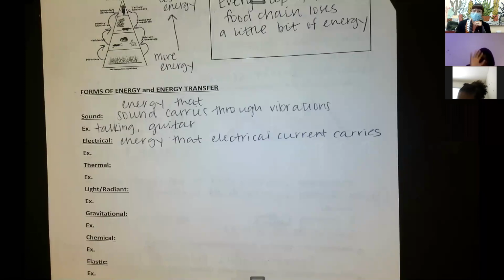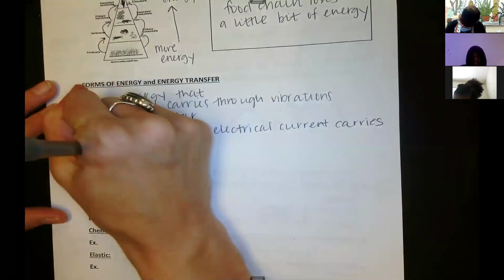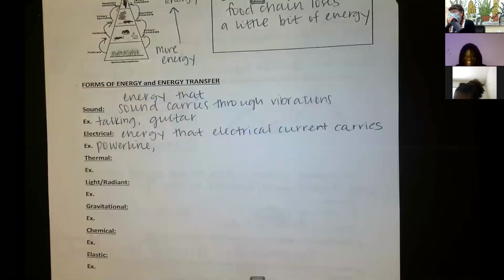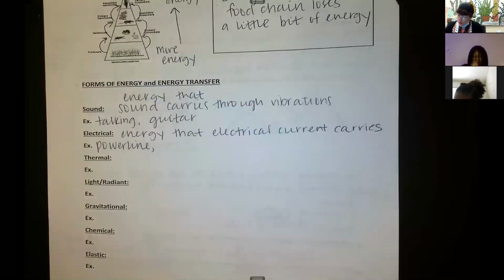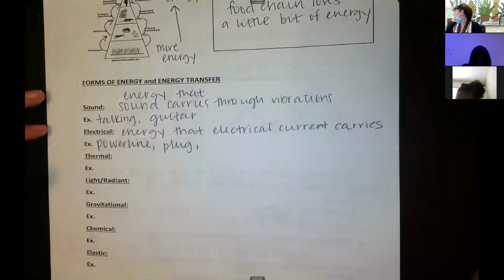All right, examples. Emerson. A power line. It literally is carrying electrical current. Christian. A plug. Carlos. Lightning.